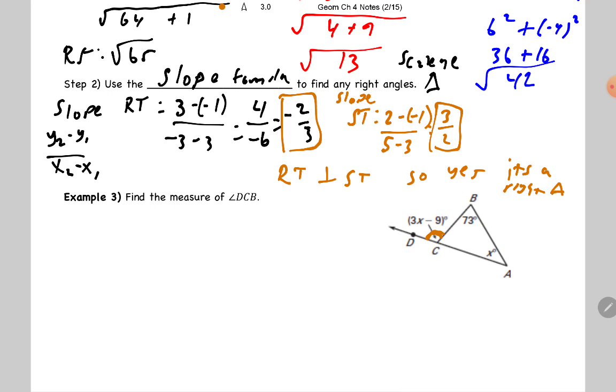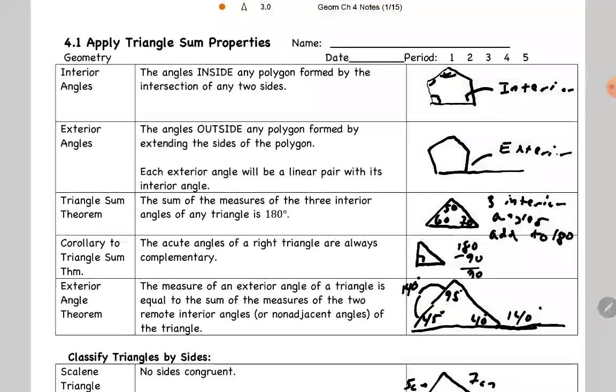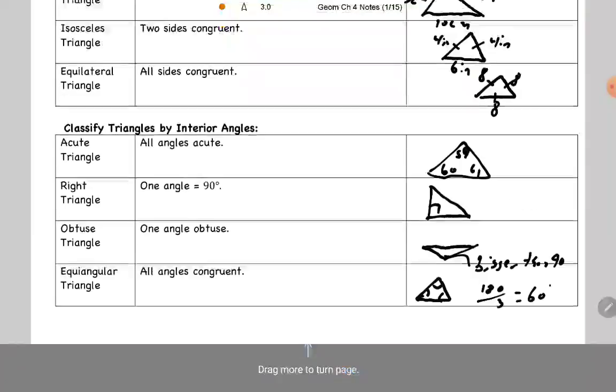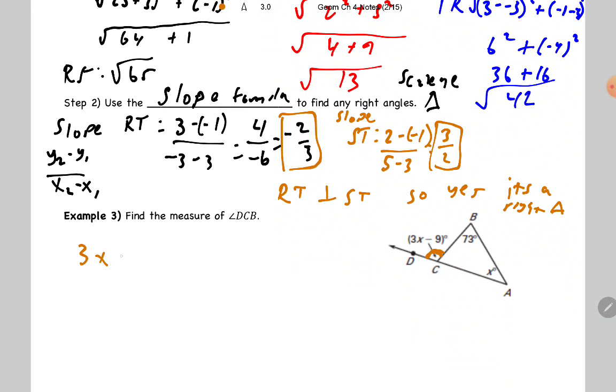And remember, we have the exterior angle theorem that says the exterior angle, 3x minus 9, is equal to the sum of the other two non-adjacent angles in the triangle, not next to it. So 73 plus x. Sum means addition, so I'm adding these two angles together, 73 and x.